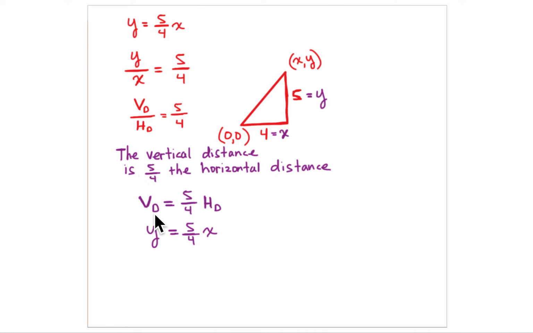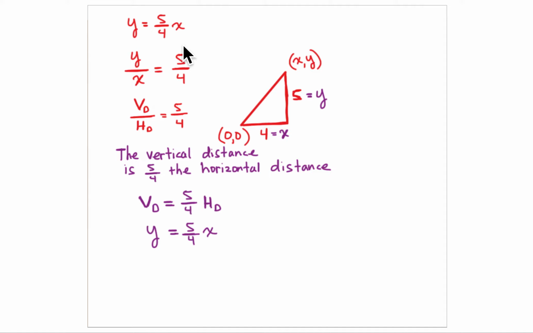The vertical distance is 5/4 the horizontal distance, and that just helps you write the equation: y equals 5/4 x. Now there's a mathematical way of doing this, which we'll get into later on, but you can just use the language to check yourself. It makes sense. It shows you that this is the proper equation.